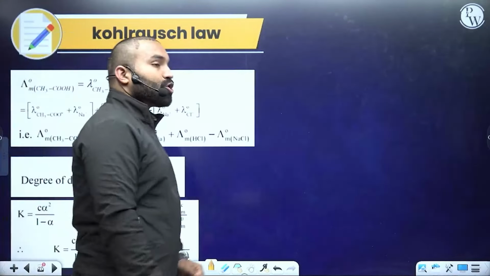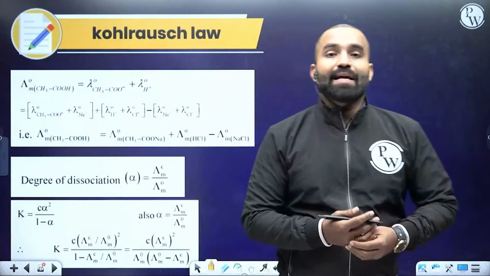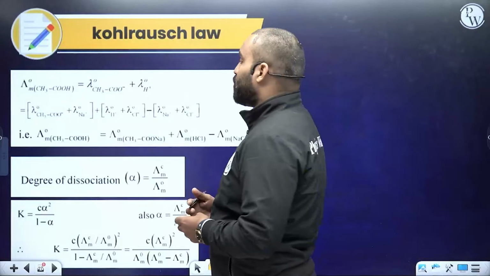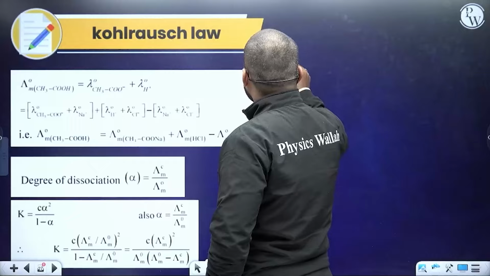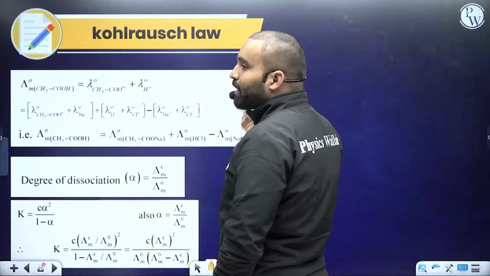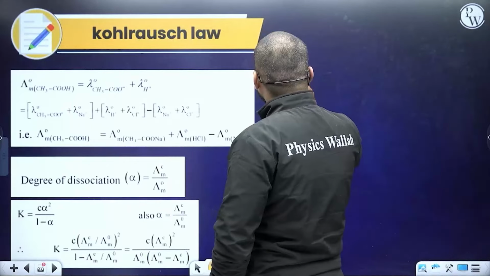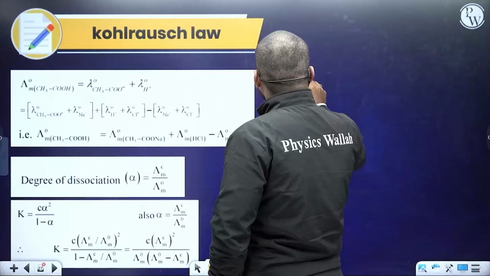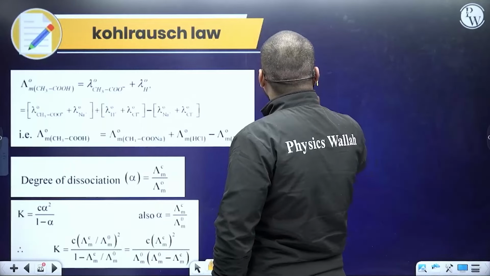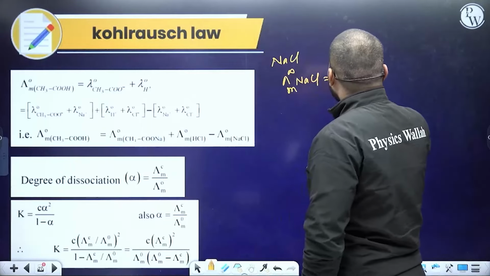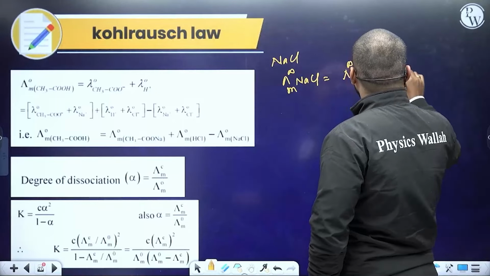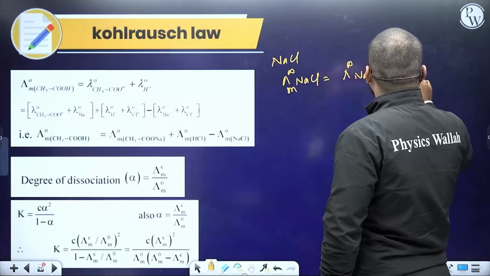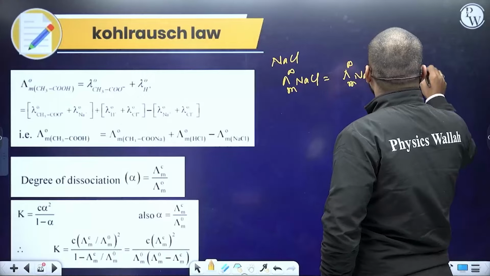What is Kohlrausch law, everybody? Kohlrausch law represents that the total molar conductance of any salt, for example NaCl, at infinite dilution can be written as: molar conductance of NaCl is equal to infinite molar conductance of Na plus plus infinite molar conductance of Cl minus.